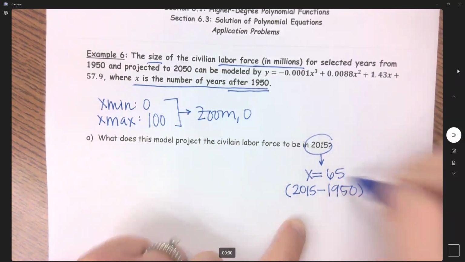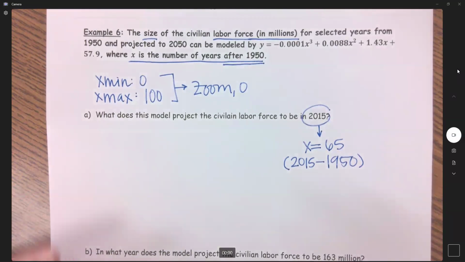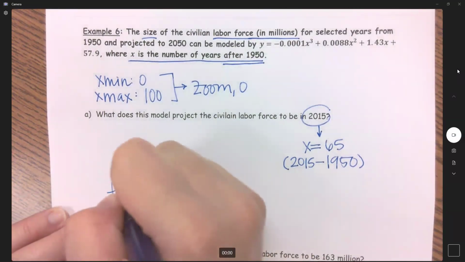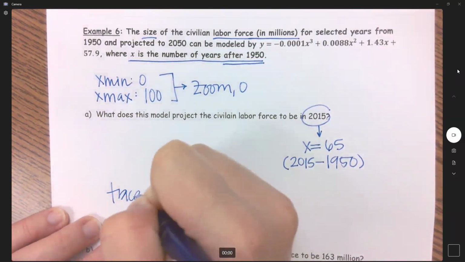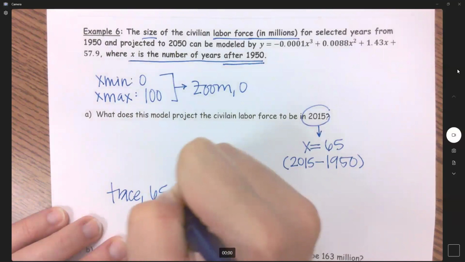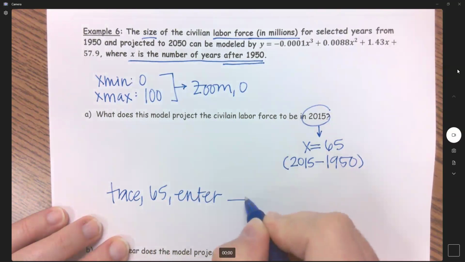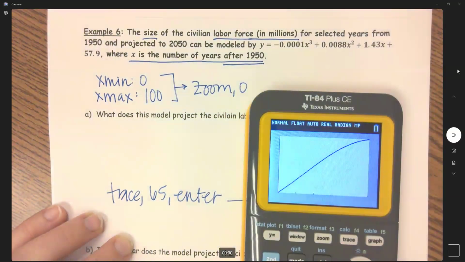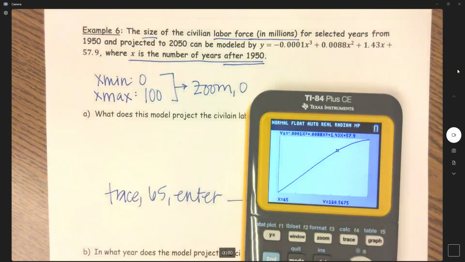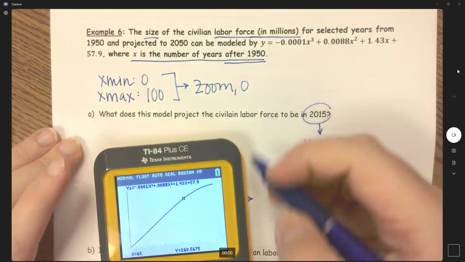And that's going to give me 65. So we'll use trace 65, enter. And I get 160.